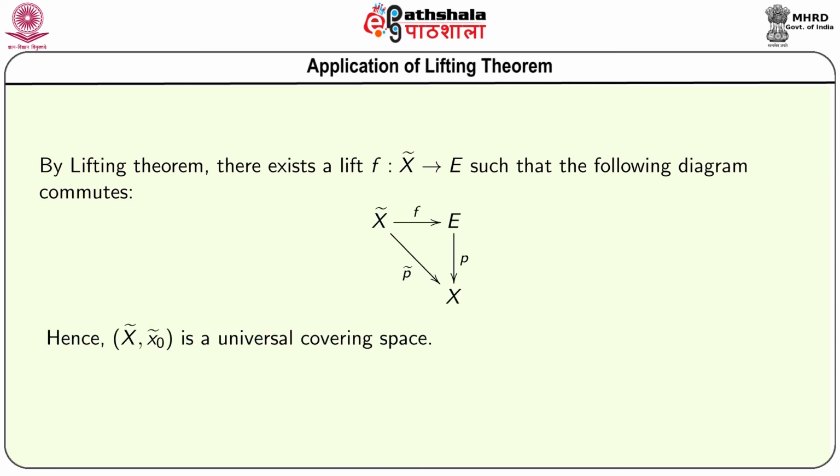That means P composed F is P tilde, and so X tilde, x0 tilde becomes the universal covering space of the given space X. So, in the last corollary, we have seen how powerful the theorem is. With this, we conclude chapter 7, module 3.